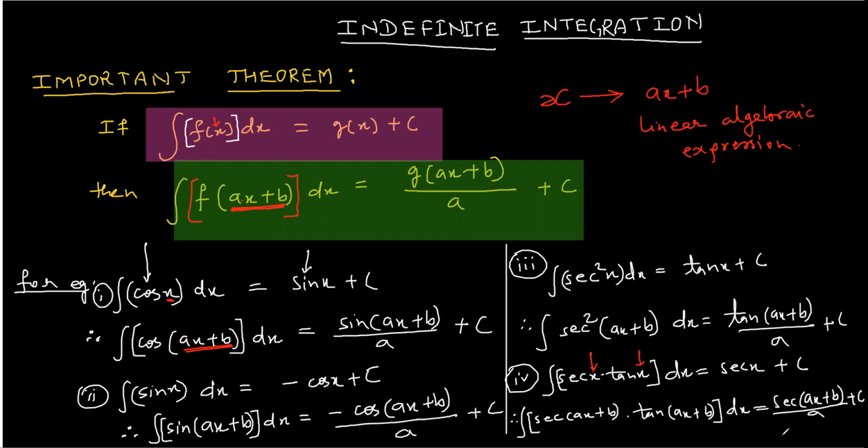Okay. There are many more results which we will write now. Okay, now we see the fifth one. Integration of cosec x into cot x dx equals minus cosec x plus c.